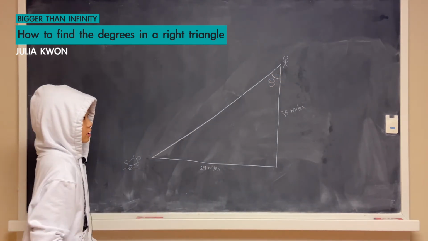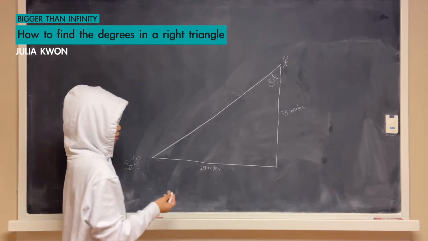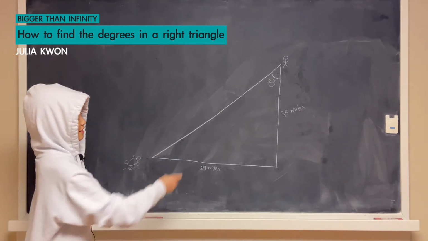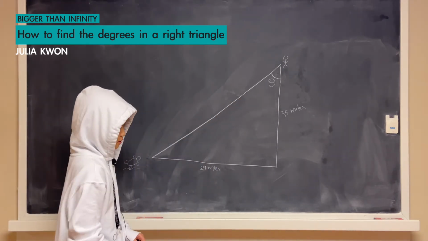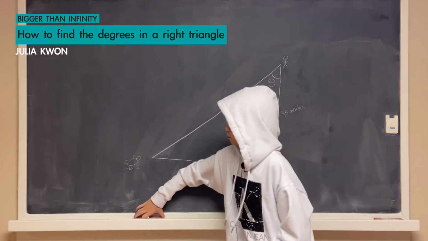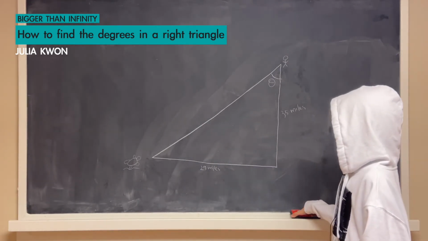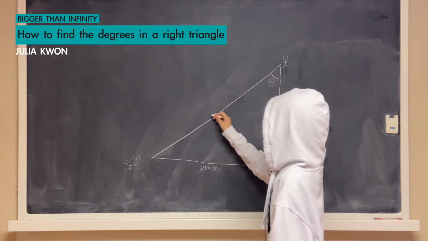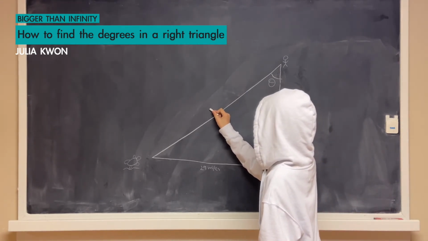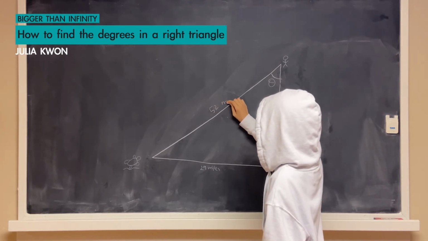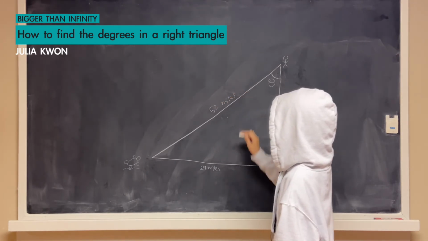So using this, how can we find the degrees here? Well, actually, let's say that we also know this length here, which is 52 miles.